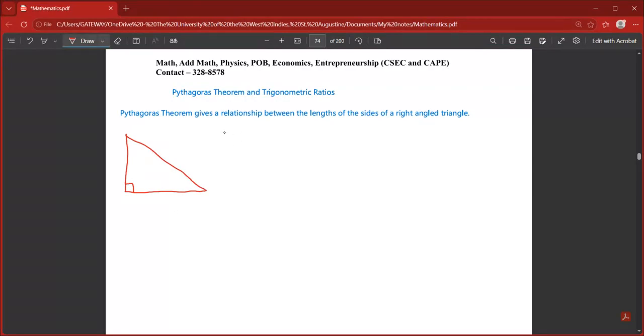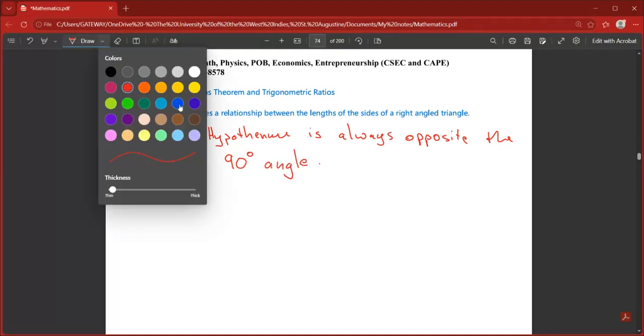Now the hypotenuse is always opposite the 90-degree angle. Where is the 90-degree angle? Well, let me label this triangle here.